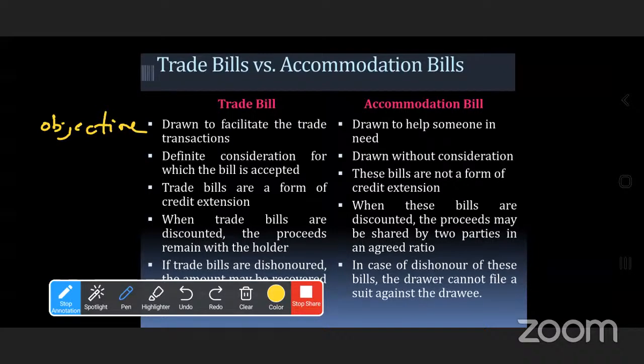Trade bills are drawn to facilitate the trade transactions of sale and purchase of goods. Coming to accommodation bills, these bills are drawn to help someone in need of financial assistance. Whenever someone is in need of financial assistance, they will be drawing the bill to help that person. And coming to the other parameter, that is the consideration.